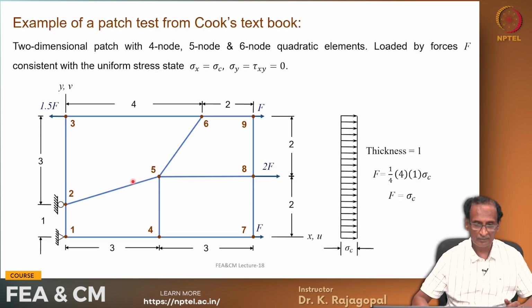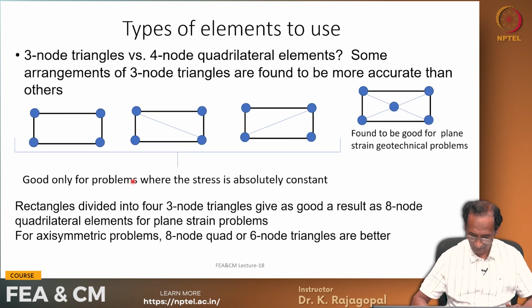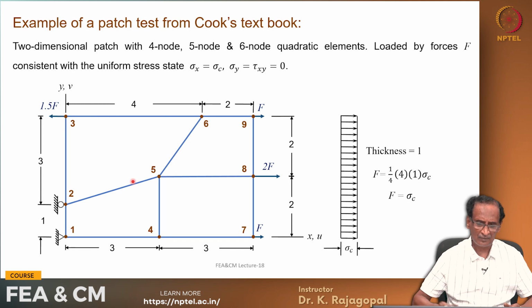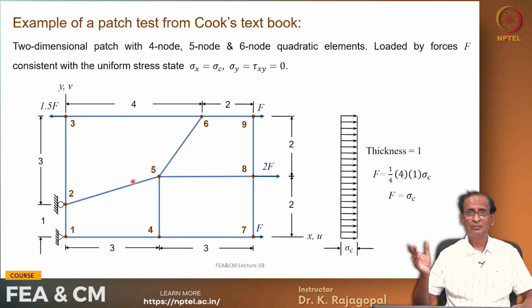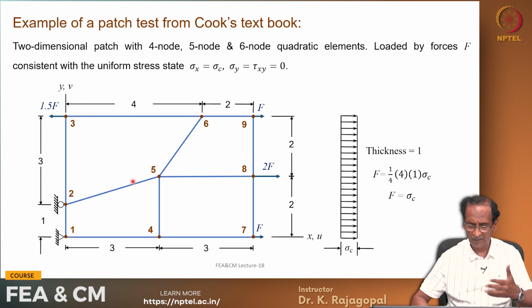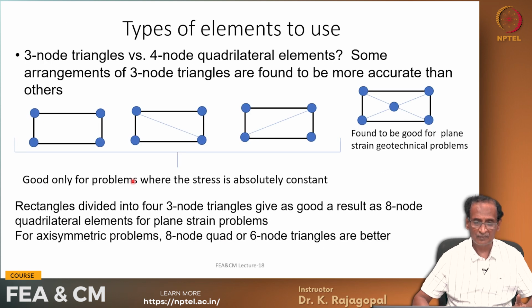Okay. And we can actually do a combination of different types of elements, like 4 node, 5 node, 6 node, and so on. That I will demonstrate when we go into the finite element program.